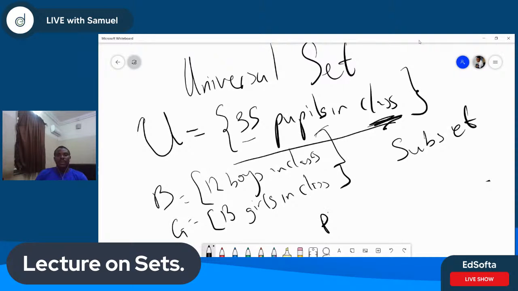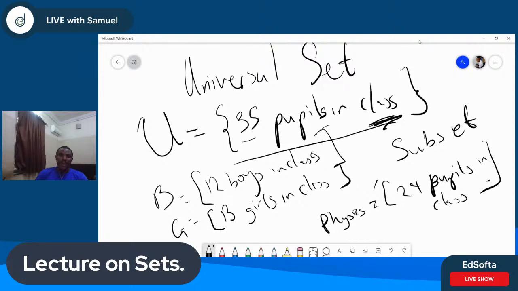We can also piece out the people that offer physics. We can say, okay, in the class, 24 pupils offer physics. Do you see I'm piecing out smaller sets? These smaller sets that belong to the universal set are what we call the subsets.